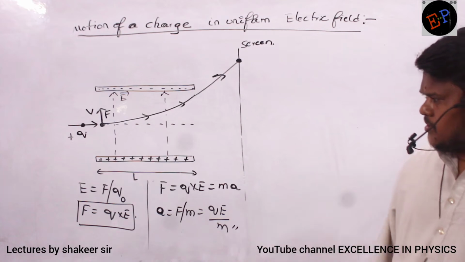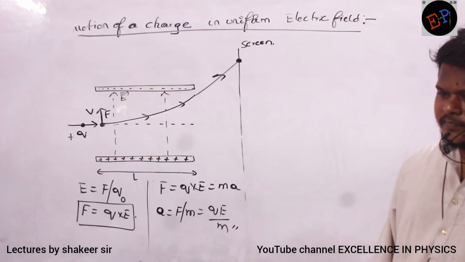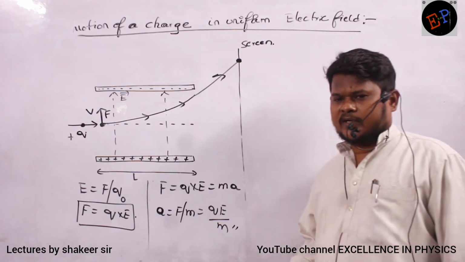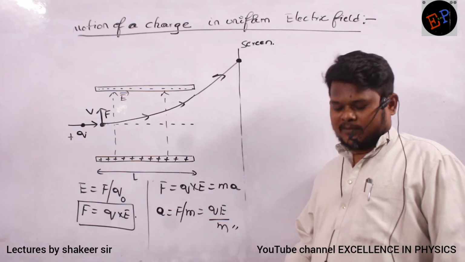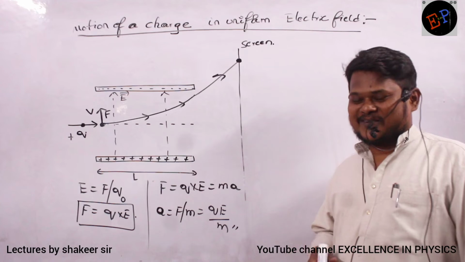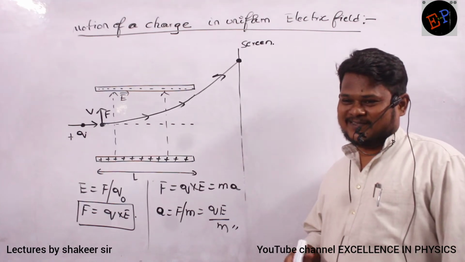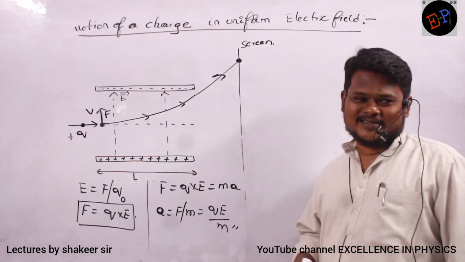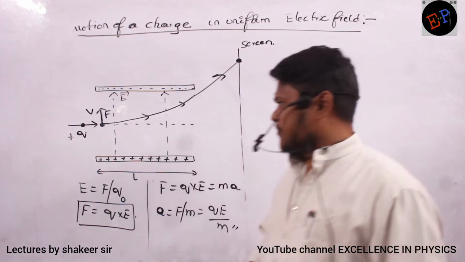And this acceleration is in which direction? Is acceleration a scalar quantity or a vector quantity? Vector quantity. So it should have a direction also, no? What is the direction of acceleration? In the direction of force only. Clear, no?